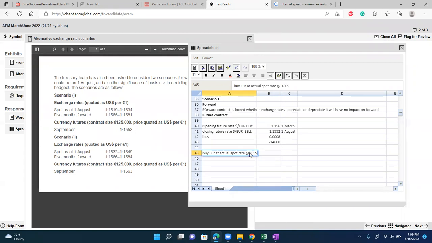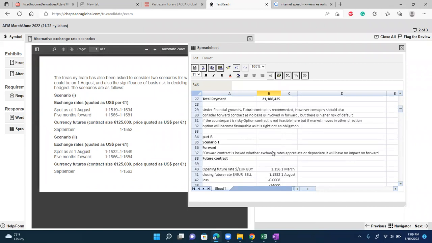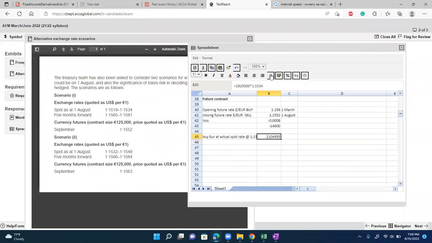So 18.25 million into 1.1534, plus you also have to face the loss of 14,600.